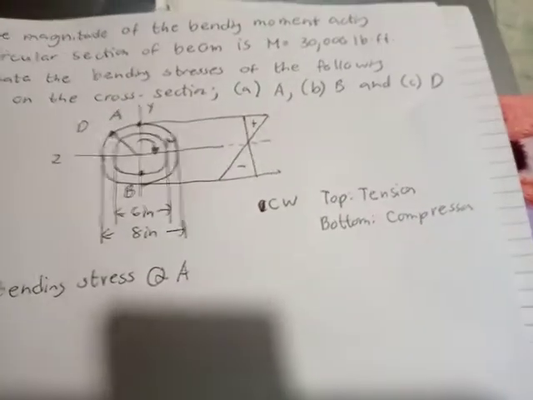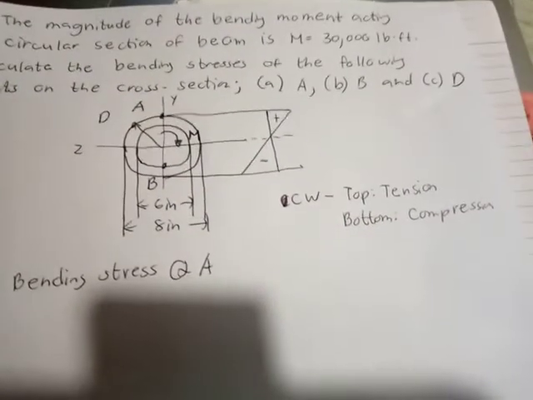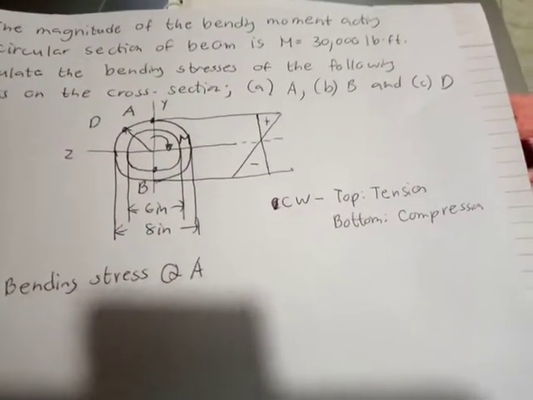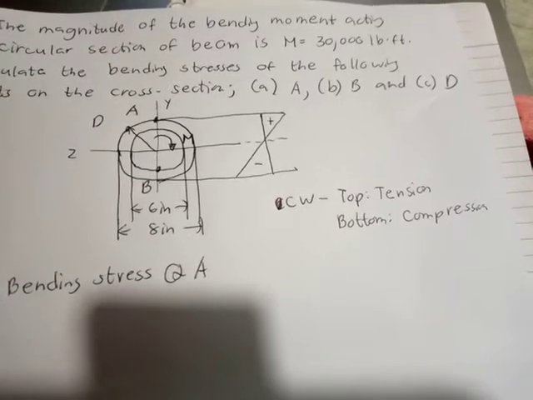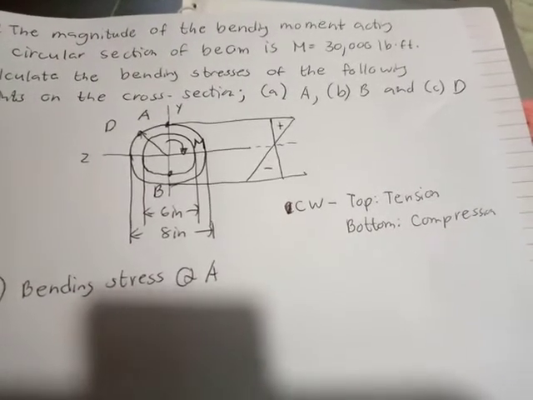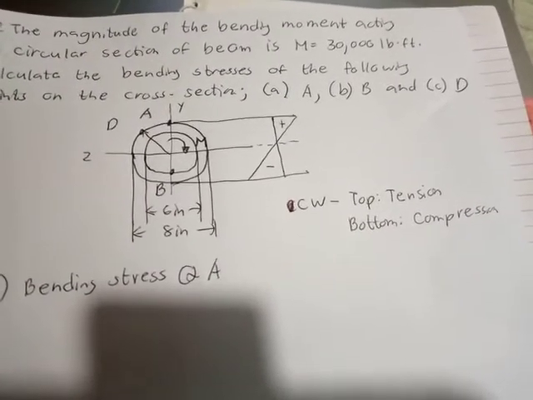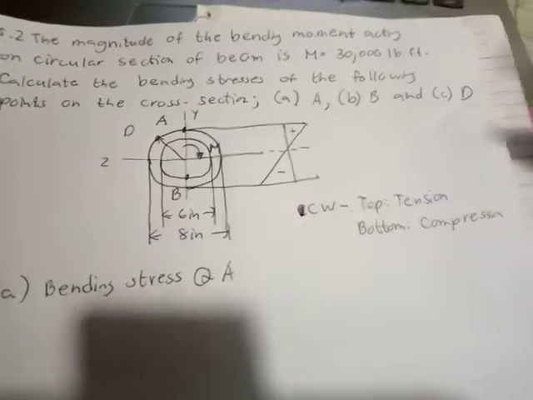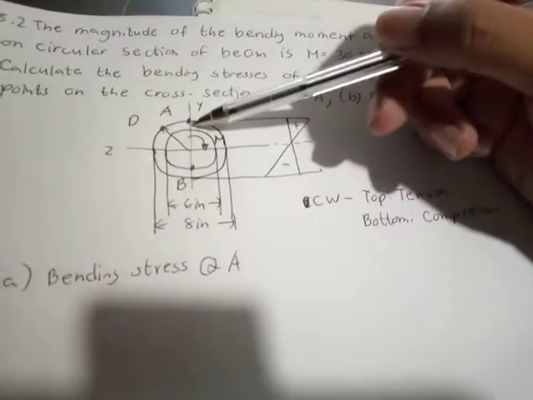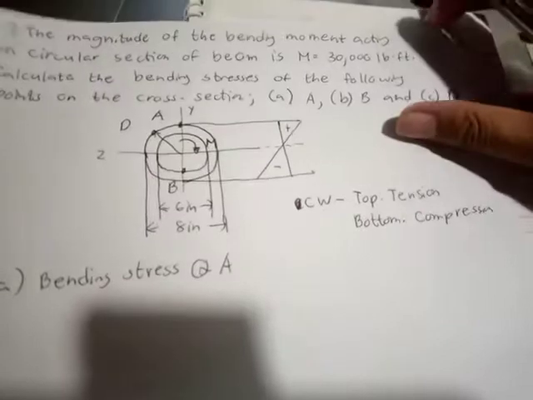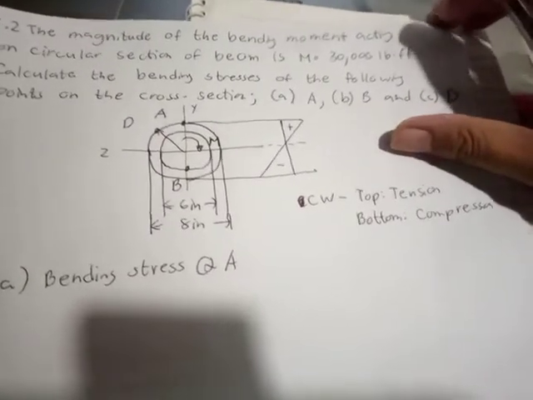That is if your moment is clockwise. If it is counterclockwise, it is the other way around. Your top will be in compression and your bottom will be in tension. So since point A is located at the top, it will automatically be in tension.